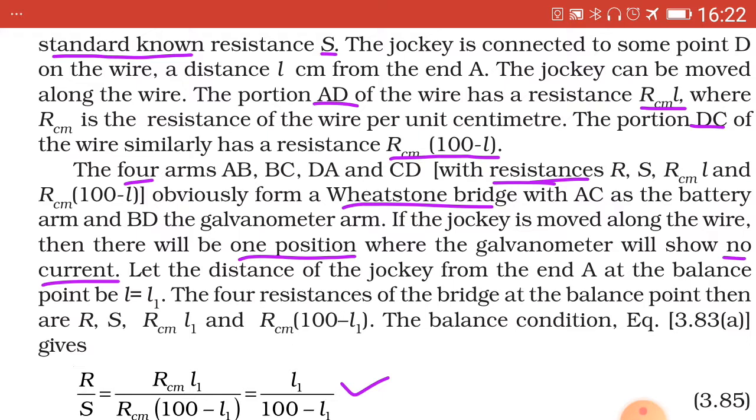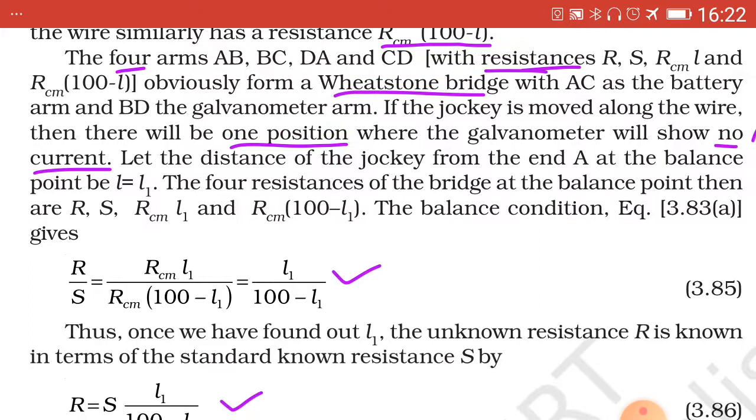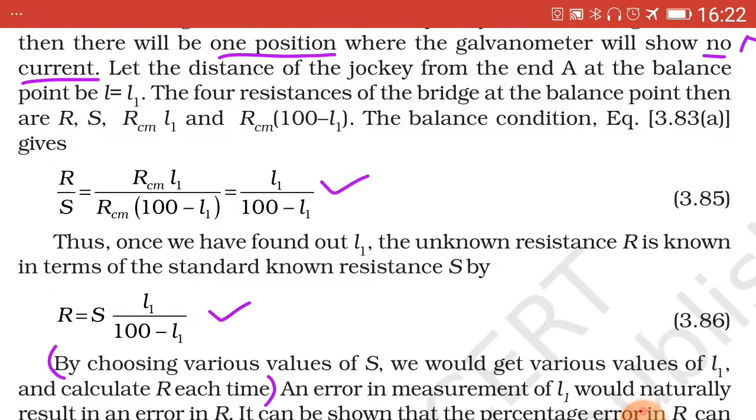Now the balance condition gives us R upon S, as we have seen in the case of Wheatstone bridge, that it is the ratio of two resistors. So R upon S equal to RCM into L1 upon RCM into (100 minus L1).